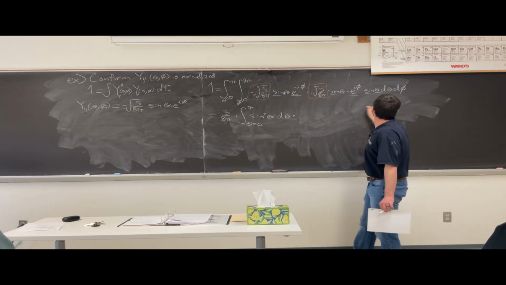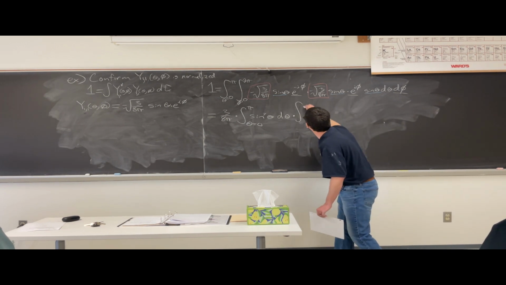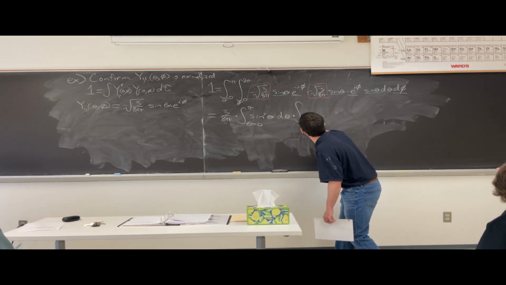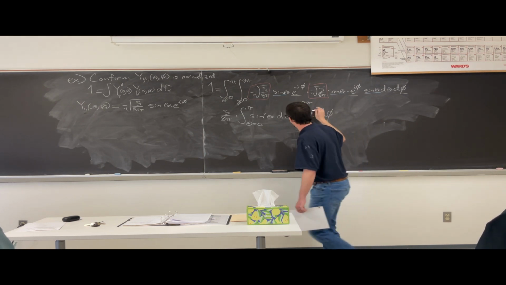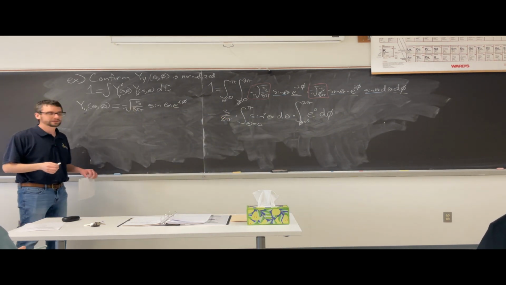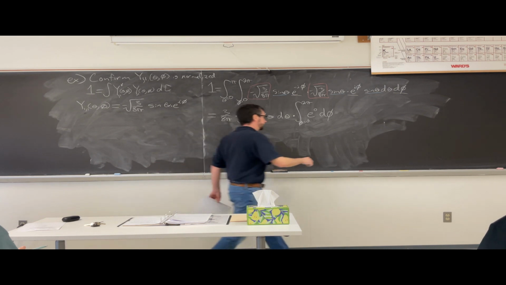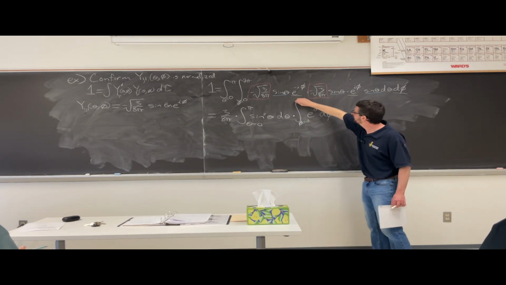Yep. We got these things. It's e to the 0. So that's just d phi. So what's that one going to be? Yep, it's just going to be whatever the value of phi is, and it will end up being what? Yeah.